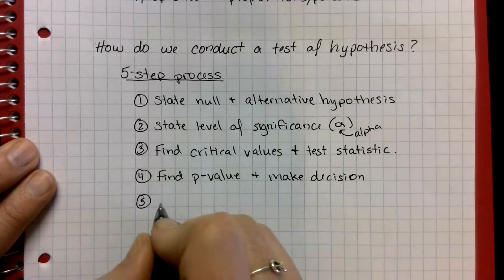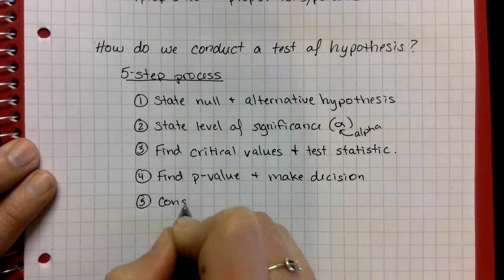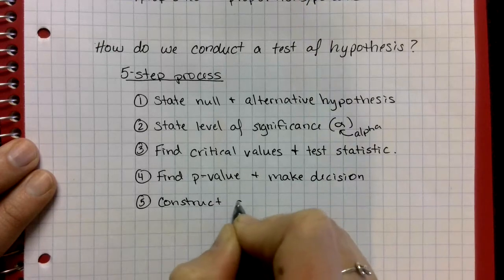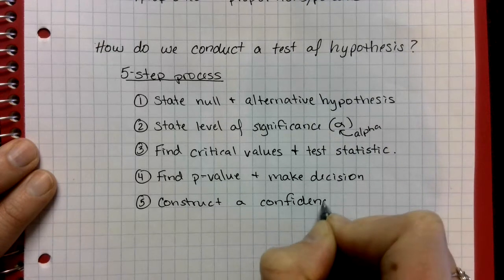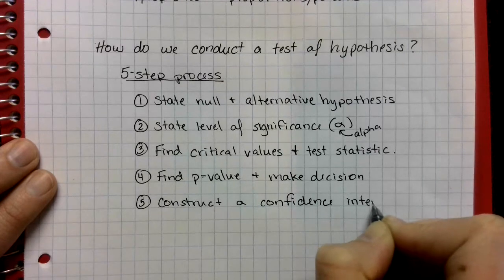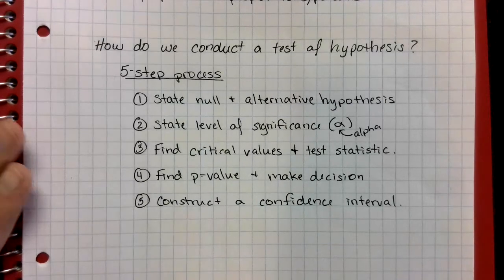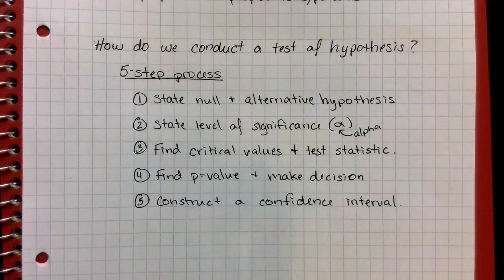And step number 5, construct a confidence interval. Okay, so that's our 5-step process, and I will be referring to our 5-step process a lot throughout this.